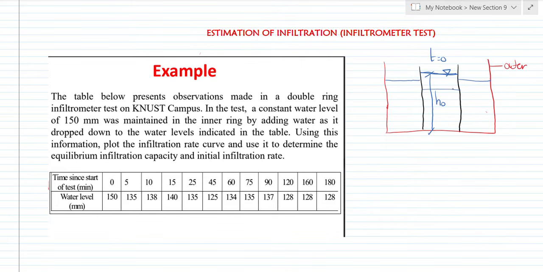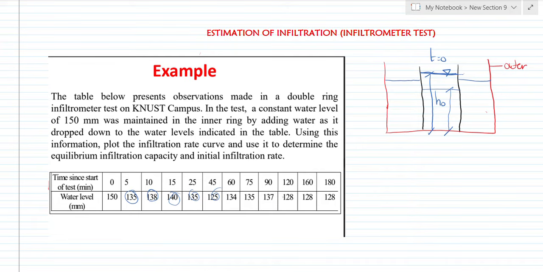To find the drop in water level, we just need to find this height. Immediately after finishing taking the reading, we topped it up to the initial level. So at every point in time, the experiment began at the initial water level of 150, and we realized that the drop happened each time.